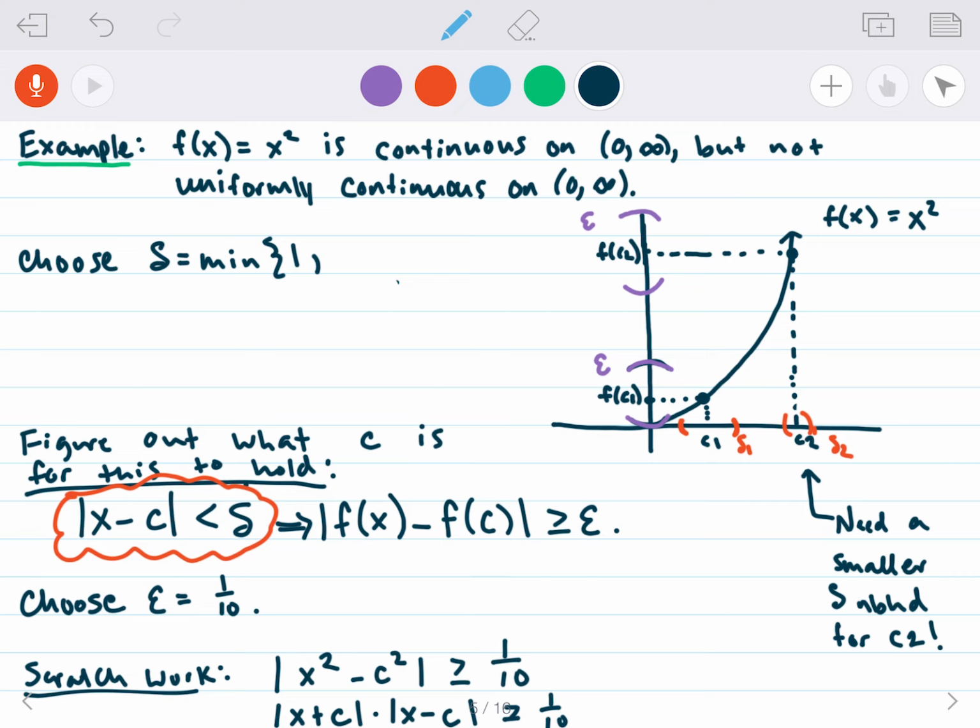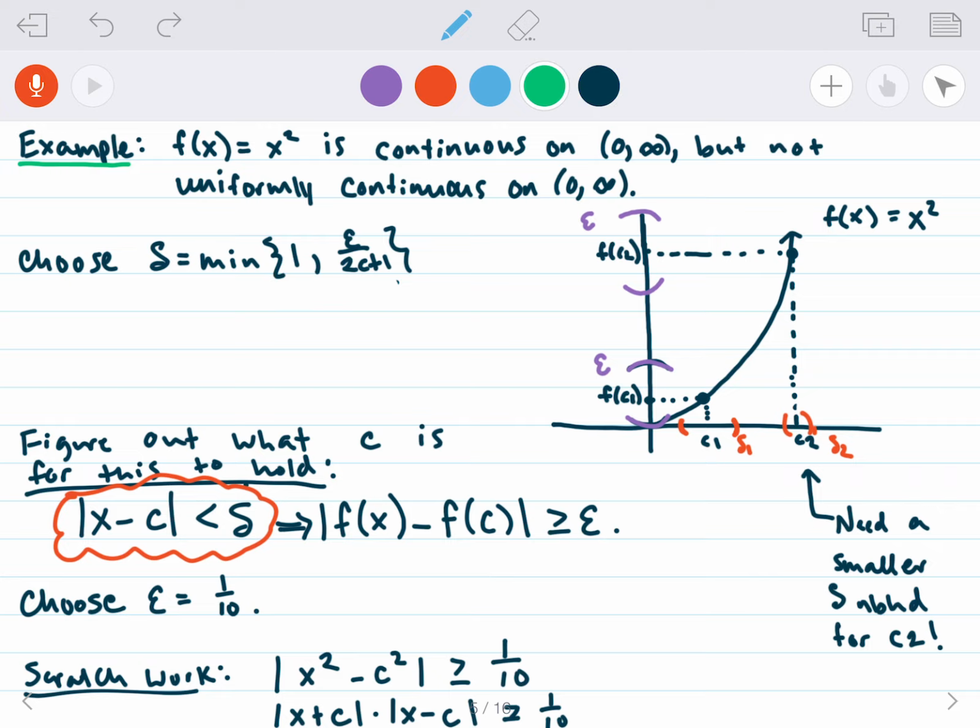Yeah, okay, epsilon over 2c plus 1. So remember, with continuity, we had to choose delta based on the c. Okay? Which is smaller, 1 or epsilon over 2c plus 1?